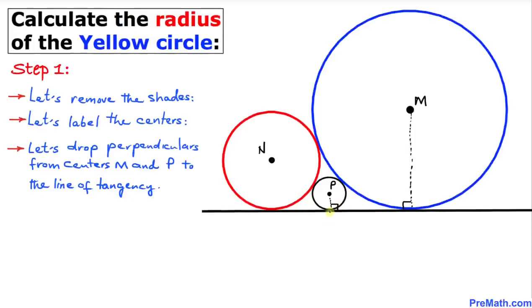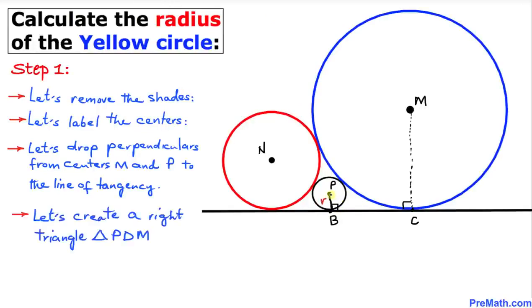We are going to call these points on this horizontal line point B and point C. And this is, by the way, the radius of this small circle, and I am going to call that radius R.